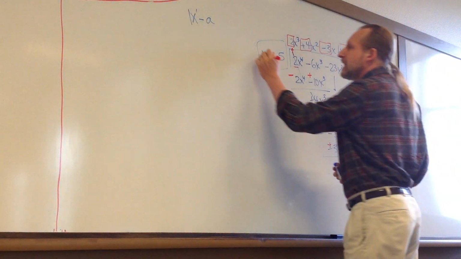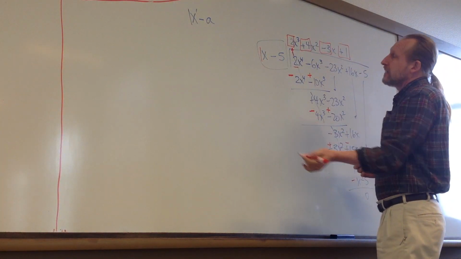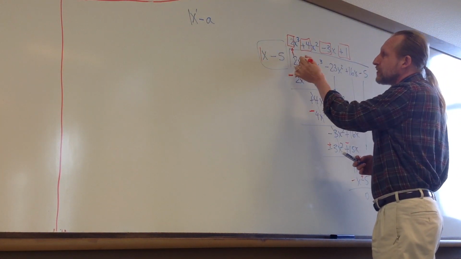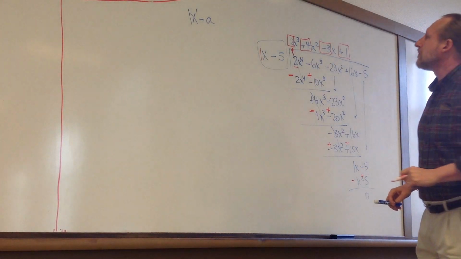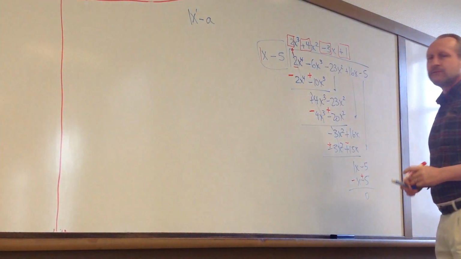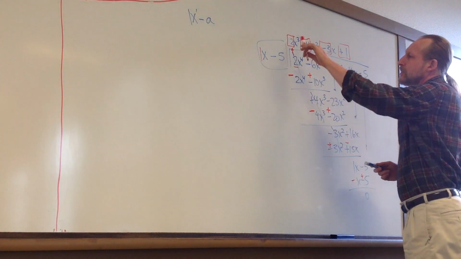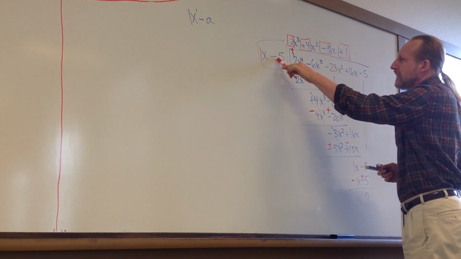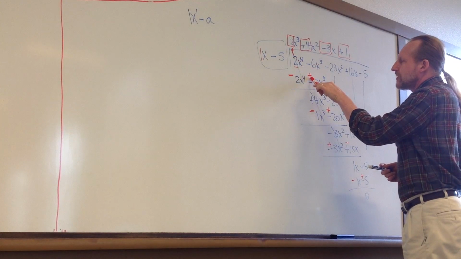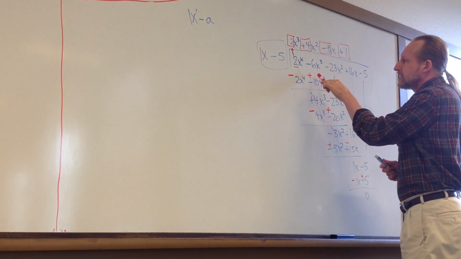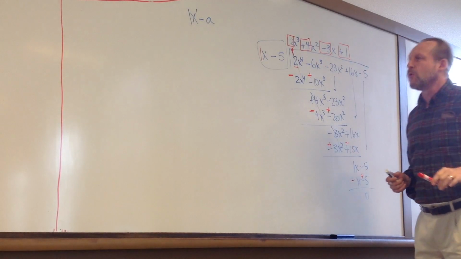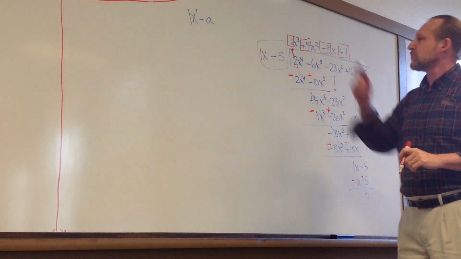Because if this is a 1, then you're going to need a 2 here to produce this 2 here. Then where does this positive 4 come from? Well, what we did was we did 2 times negative 5, changed the sign, and then did 10 minus 6, which gave us the 4. So that's where the 4 comes from.